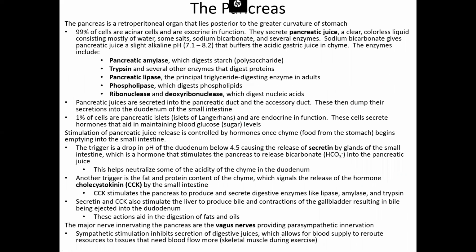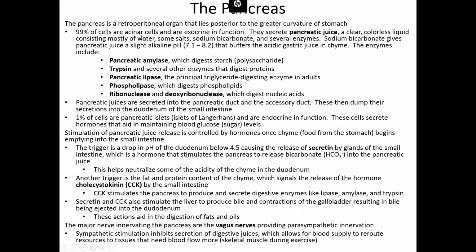Okay, the pancreas, as we learned earlier in the semester, is an organ that produces hormones like glucagon and insulin, produced and released by what we call pancreatic islets, or islets of Langerhans cells. Only 1% of the cells of our pancreas are this type, meaning 99% of the cells are exocrine in function.